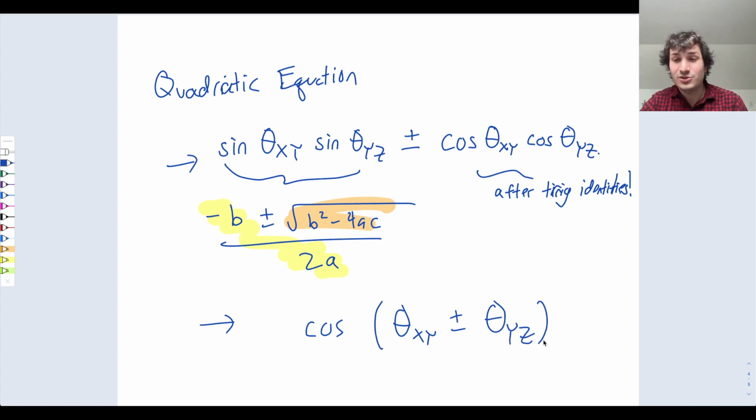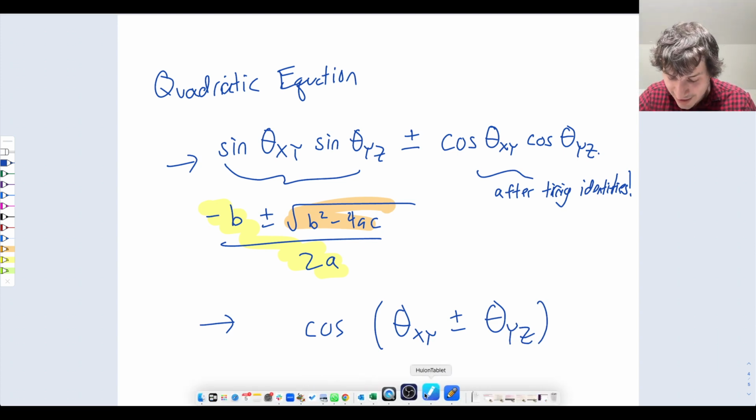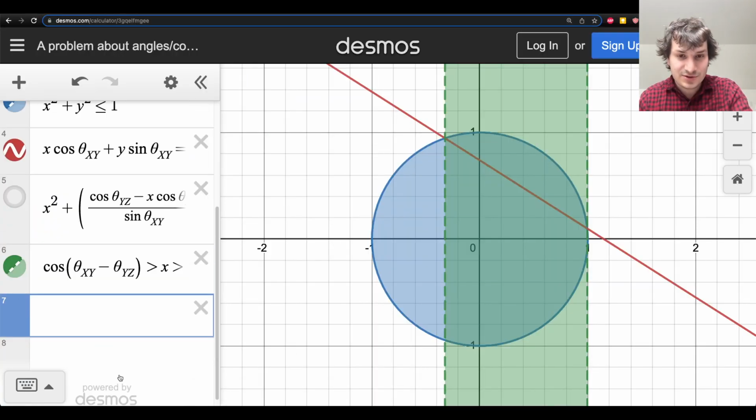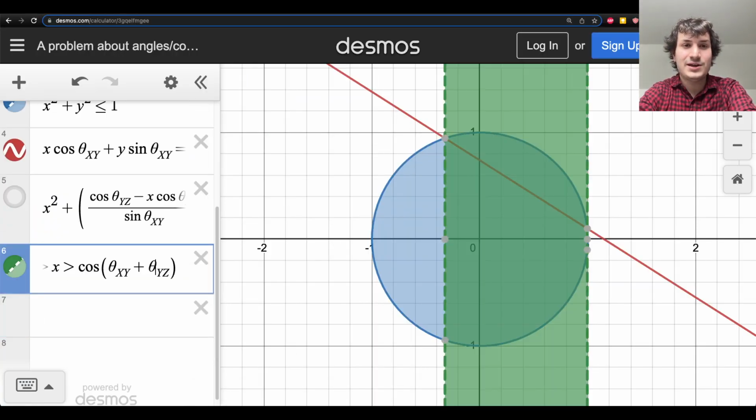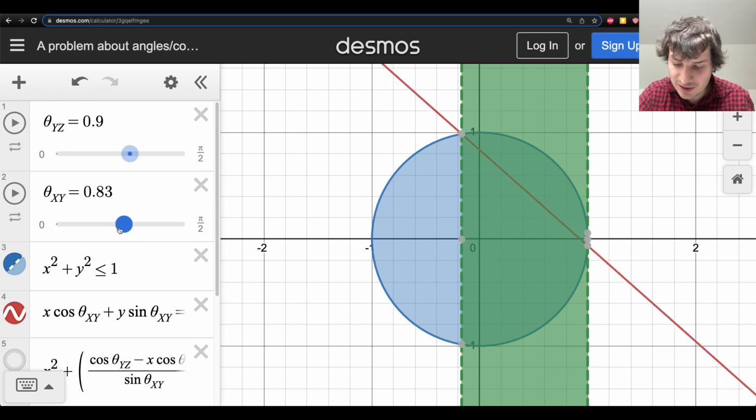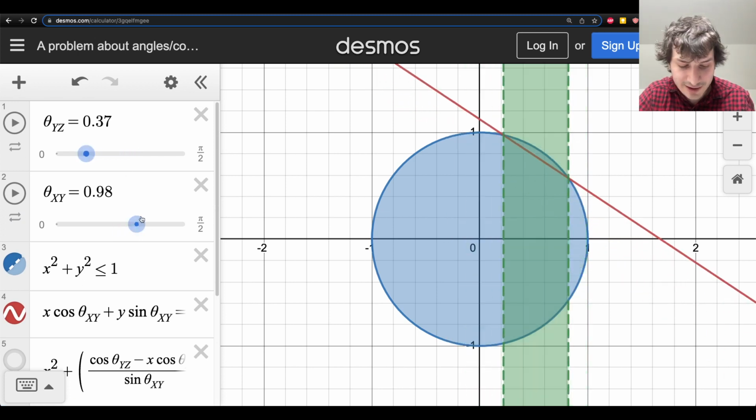So the two solutions, the two roots, are very simply the sum of the angles and the difference of the angles. So I have it written here. I said, Desmos, please tell me all the x values that are between cosine of theta xy minus theta yz, and cosine of theta xy plus theta yz, and Desmos gives you the nice green region, and that green region is exactly the solution for when you go in between.